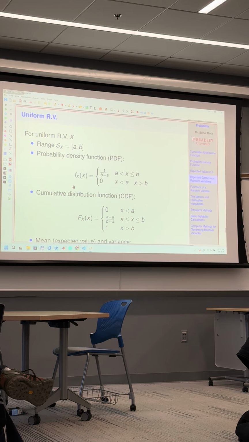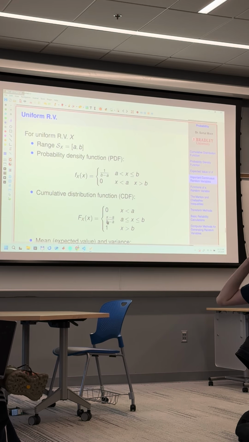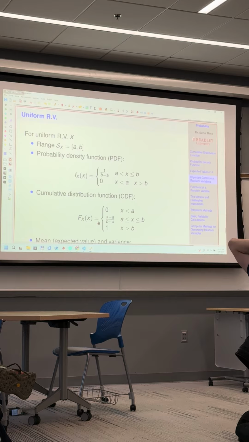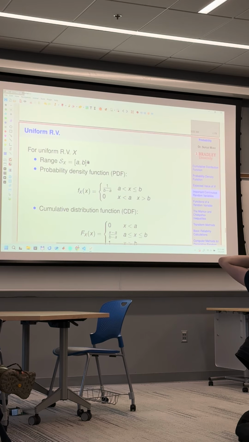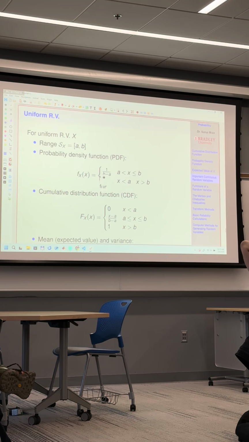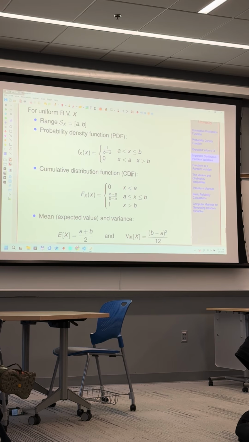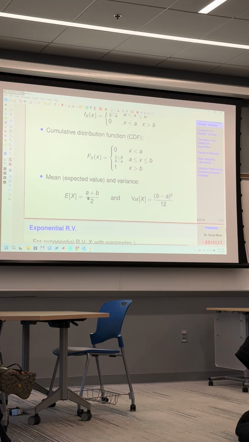So this summary slide will be really helpful for your exam. So make sure you can bring these formulas directly in your formula sheet. This summary sheet will help you. So for uniform random variable, this is the range, this is the PDF, and then you have cumulative distribution function is this, and then mean is a plus b over 2, variance b minus a squared over 12.